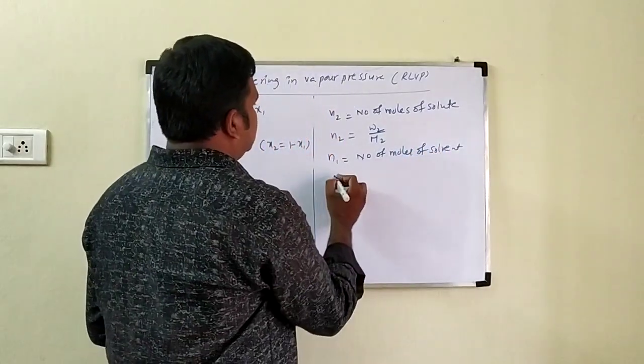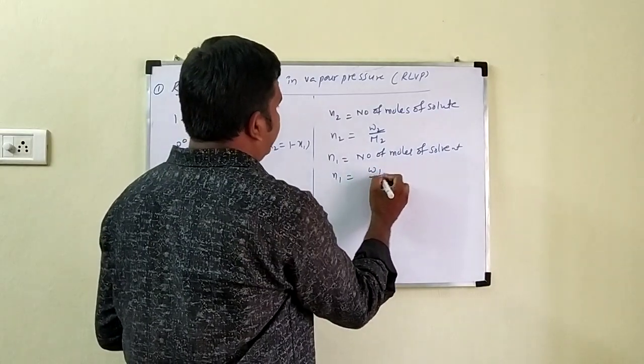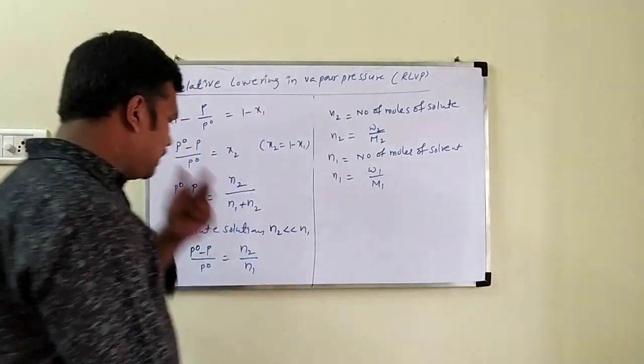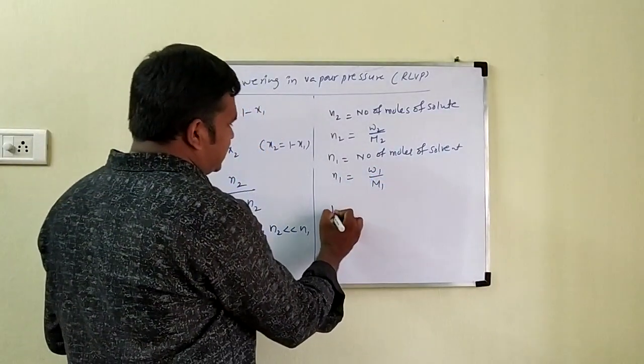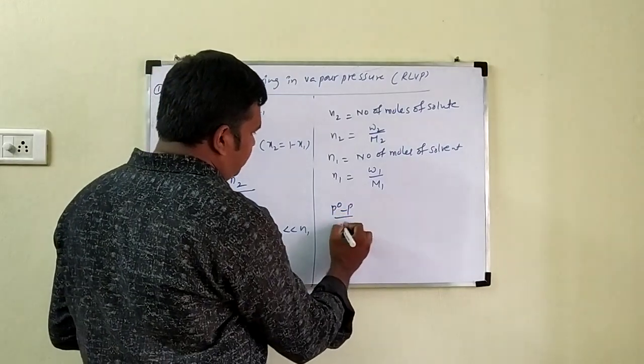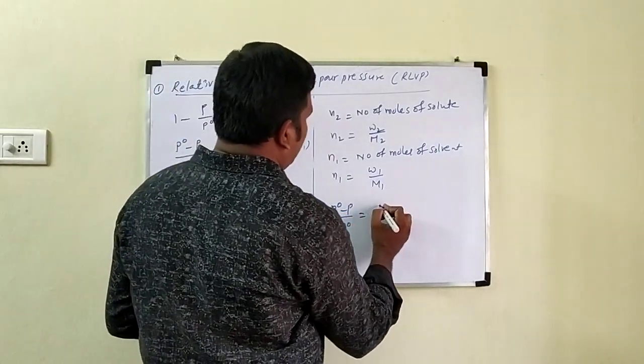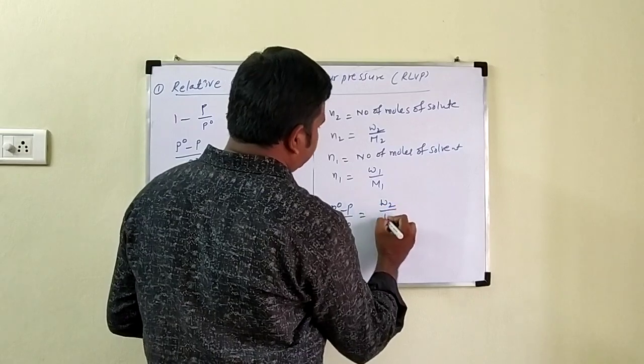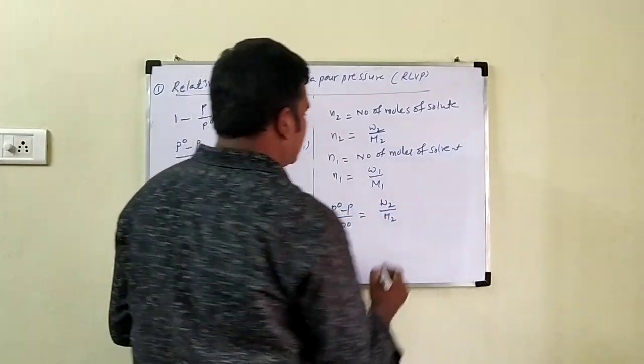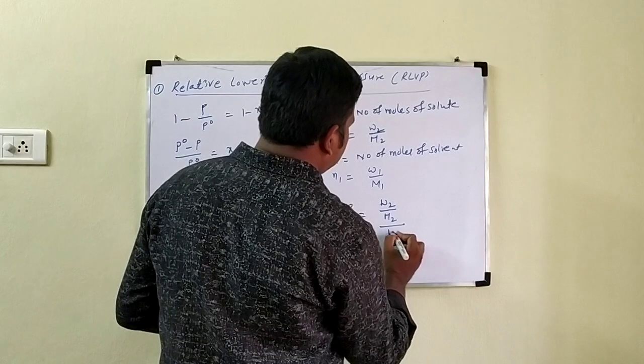Solvent. That N1 is equal to W1 by M1. Now we want to write the formula like this. P naught minus P by P naught is equal to, what you will write here? W2 by M2, divided by W1 by M1.